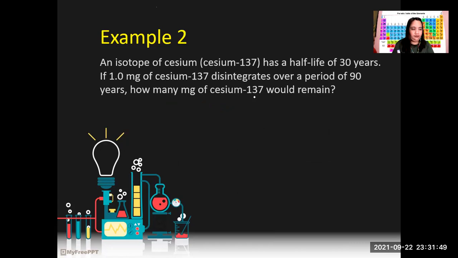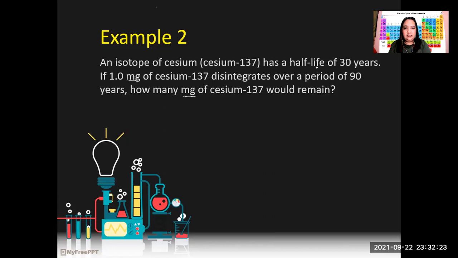Example 2: another isotope, cesium-137, has a half-life of 30 years. If 1 milligram of cesium-137 disintegrates over a period of 90 years, how many milligrams of cesium-137 would remain? You can see from this example that it's just milligram, milligram, so no need to convert quantities. All you have to do is get whatever is available in the problem.